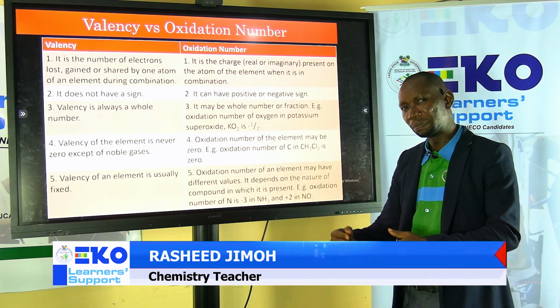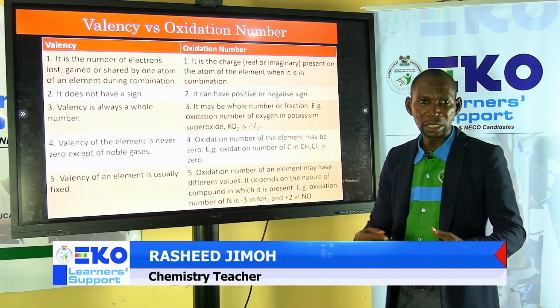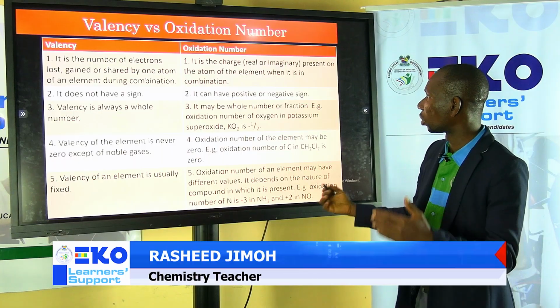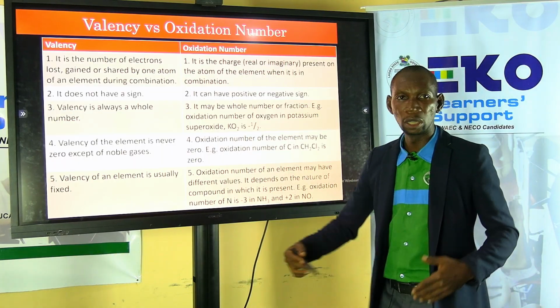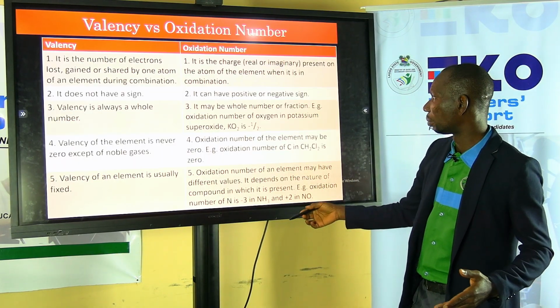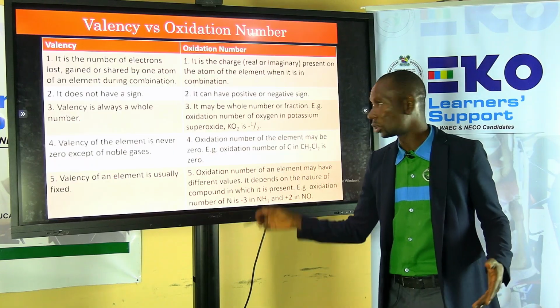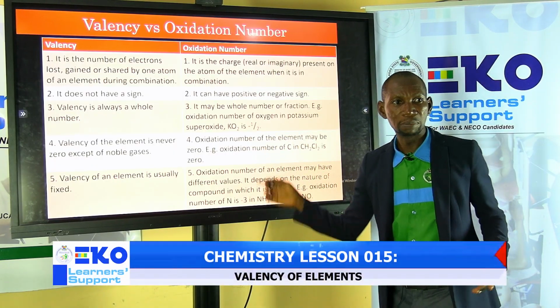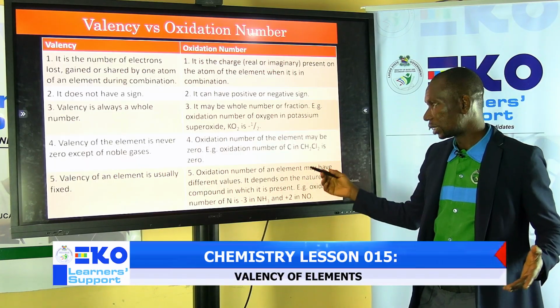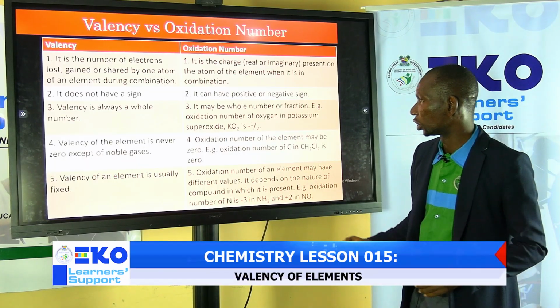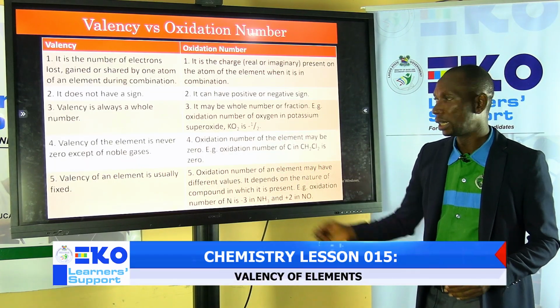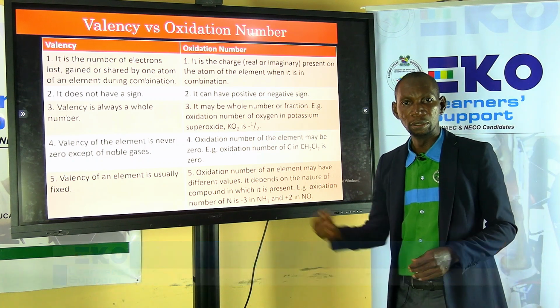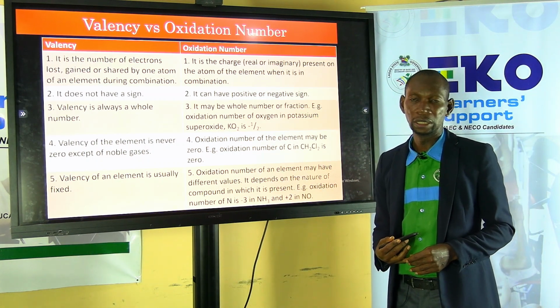That of chlorine is -1. You can see that charges are now brought in when we talk about oxidation number. Valency is always a whole number, but oxidation number can be a fraction. For example, the oxidation number of potassium superoxide is -1/2. So that is allowed when we come to oxidation number, and the other differences are clearly stated here in this table.